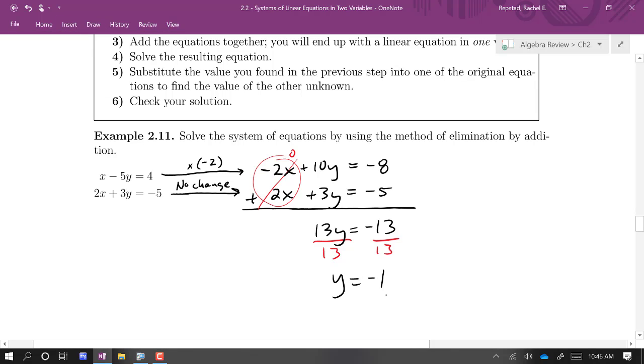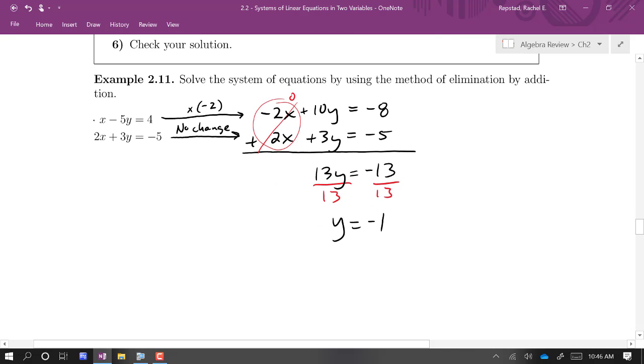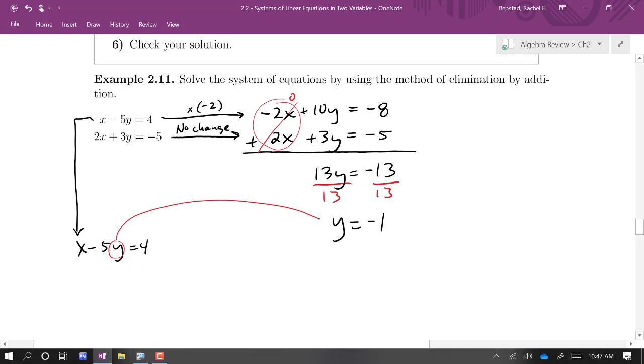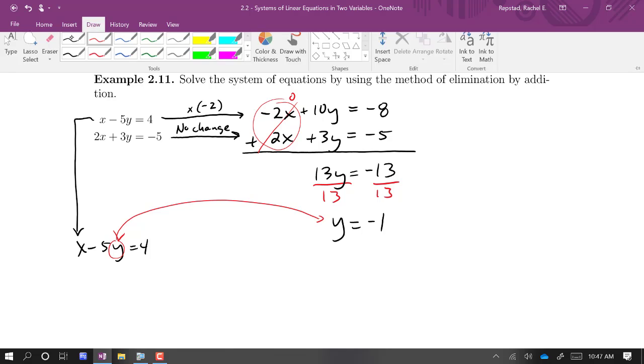Once you have one value, then you can just find the value of your other variable by plugging it into one of your equations. So you don't have to use elimination again. You can use elimination by addition both times, but it's always true that once you have the value of one variable, you can just plug it in to get the other one. So let's say I'll take that top equation just because it seems easiest, and I'm going to plug that in.